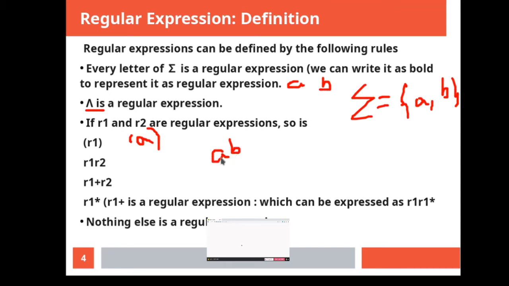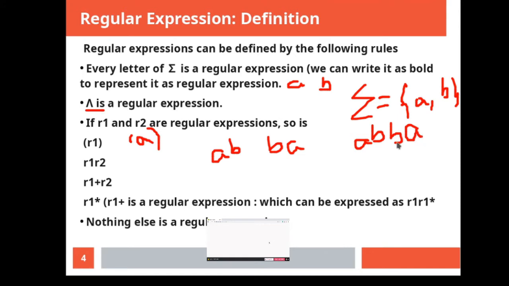Because A is a regular expression, B is a regular expression, and R1R2, that is AB, will also be a regular expression. So will be BA. Now if AB is a regular expression and BA is a regular expression, so definitely AB concatenated by BA is a regular expression.